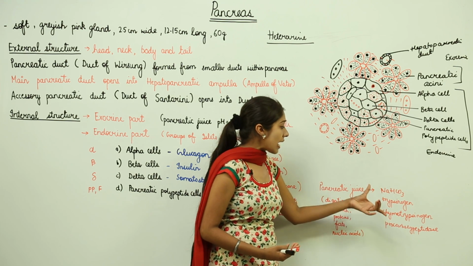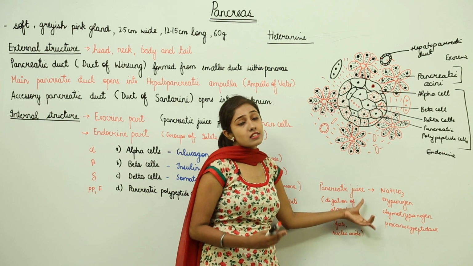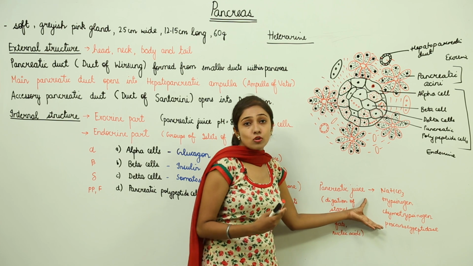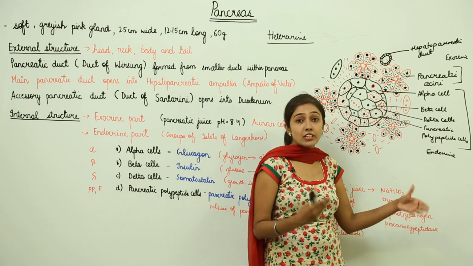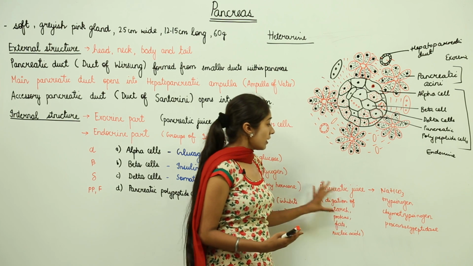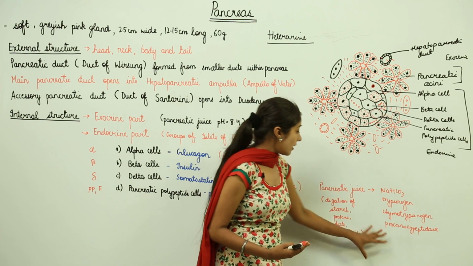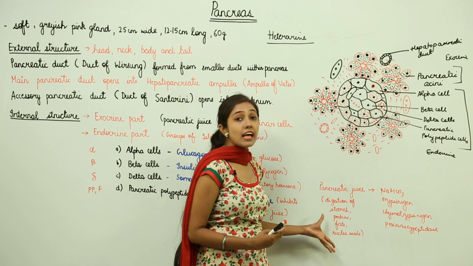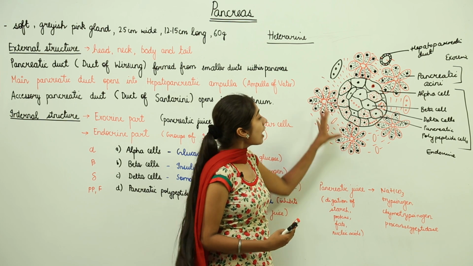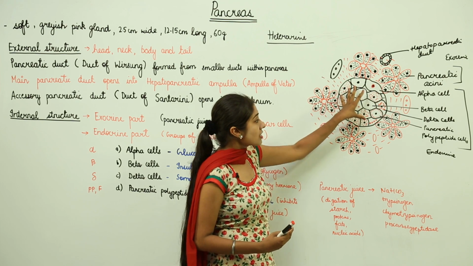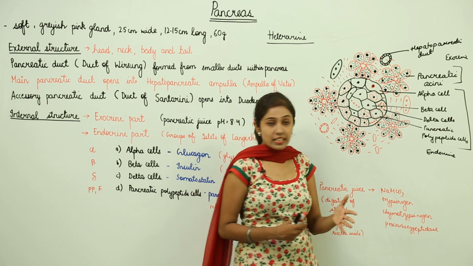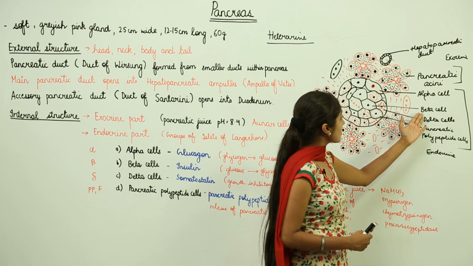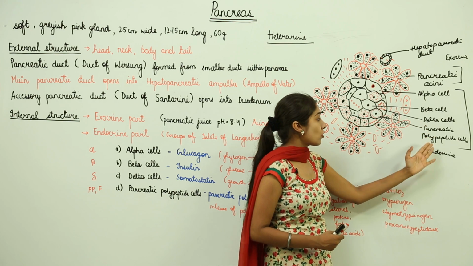Besides this, pancreatic juice also contains several other enzymes. For example, lipase helps in digestion of fats. Pancreatic juice helps in the digestion of starch, proteins, fats and nucleic acids, right? Then we have the endocrine part, which has 4 types of cells: the alpha cell, beta cell, delta cell, and pancreatic polypeptide cell.